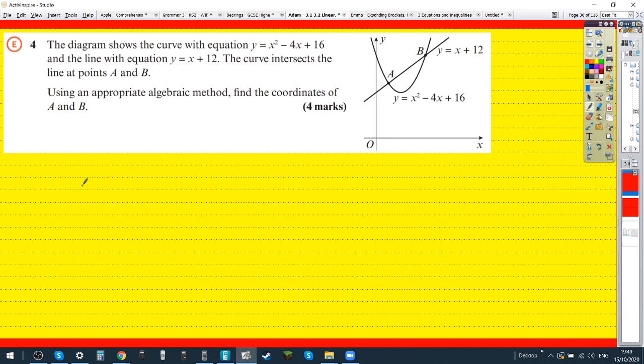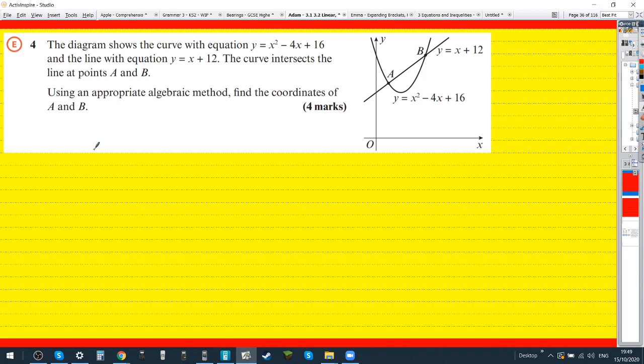How do we do this one? Find the points of intersection A and B. On the graph it shows the y at the bottom. What y does that represent? Is that just the bottom of the curve? No, that's the entire curve.